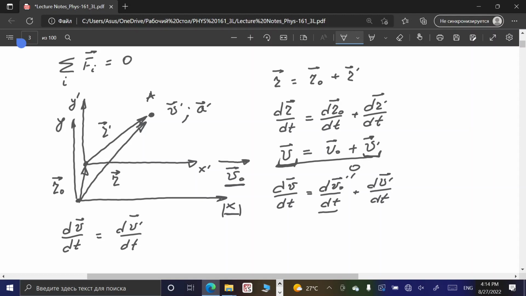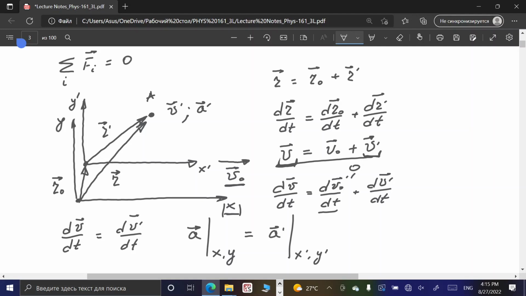So from here, we can write that the acceleration vector, which describes acceleration of this object A with respect to this stationary system of coordinates x, y, will be the same as acceleration vector A prime, which describes motion of object A with respect to the mobile system of reference. That will be x prime, y prime.